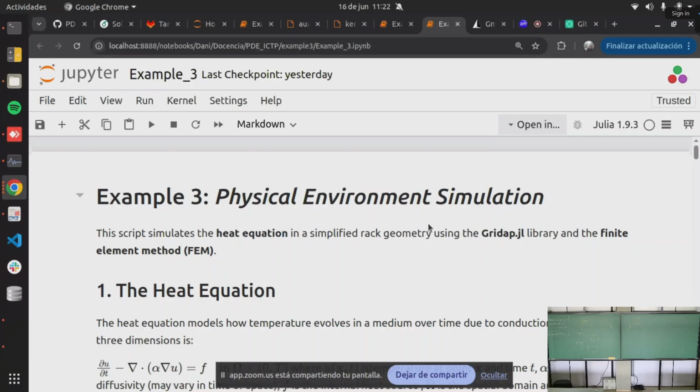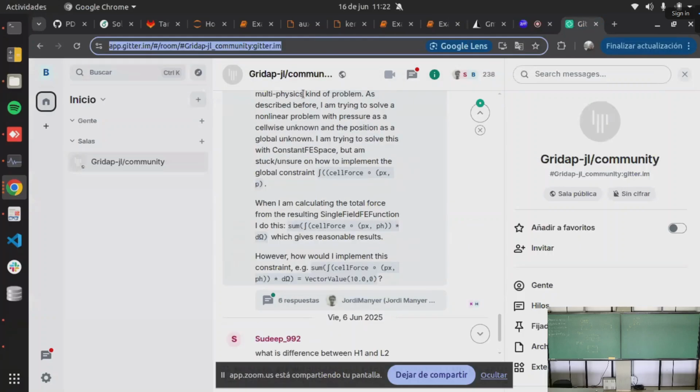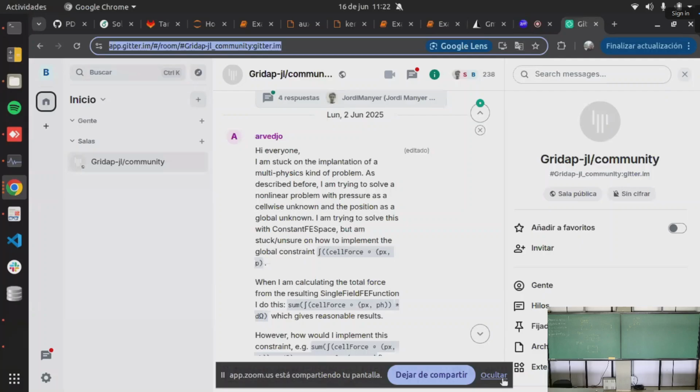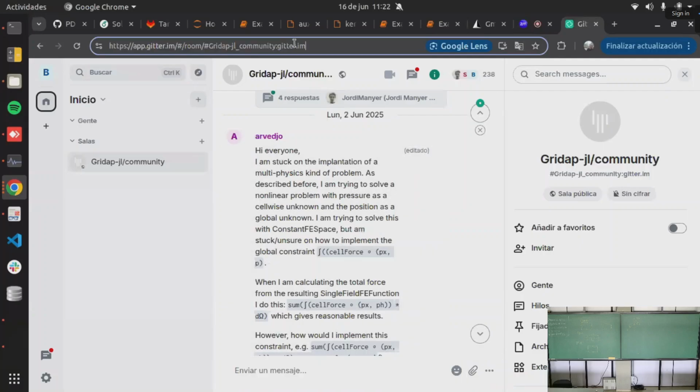I'm also leaving my contact information in case you have any question after today. Gridap has a very active community where the creators themselves answer questions and where users can resolve issues as well. Here is the community information.